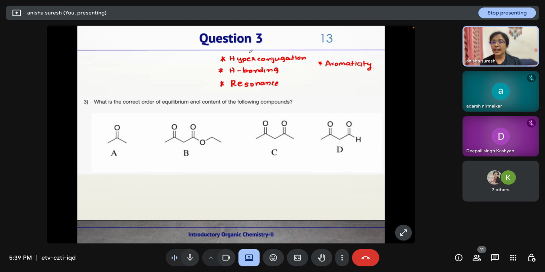When we are considering hyperconjugation, we should consider alpha hydrogens. Hyperconjugation is affected by the number of alpha hydrogens. So in the case of A, what is the number of alpha hydrogens? 6 alpha hydrogens. In B, 5 alpha hydrogens. In C, 8 alpha hydrogens. And in case of D, 5 alpha hydrogens. In case of A, only hyperconjugation is possible.